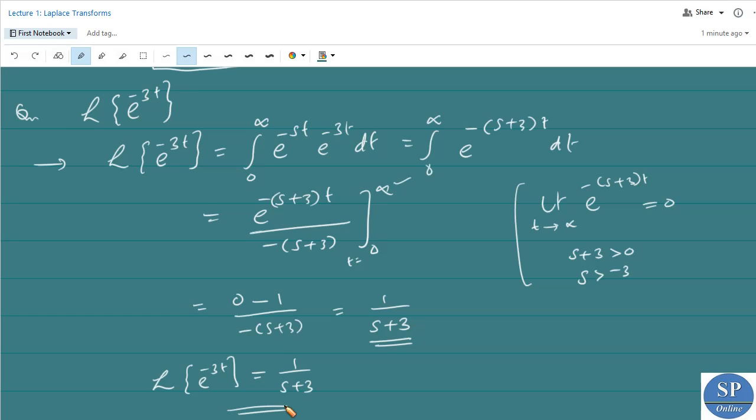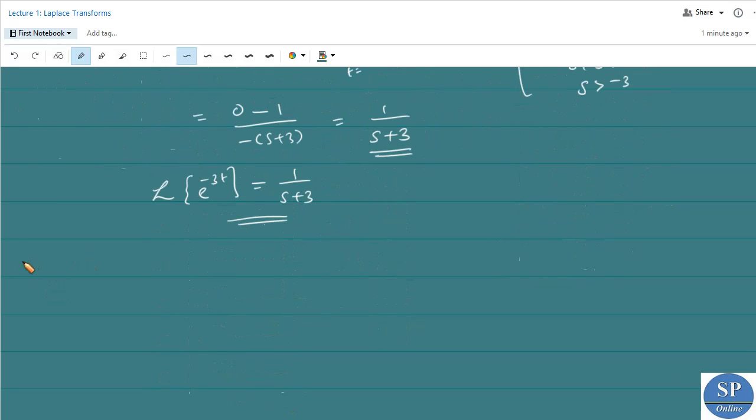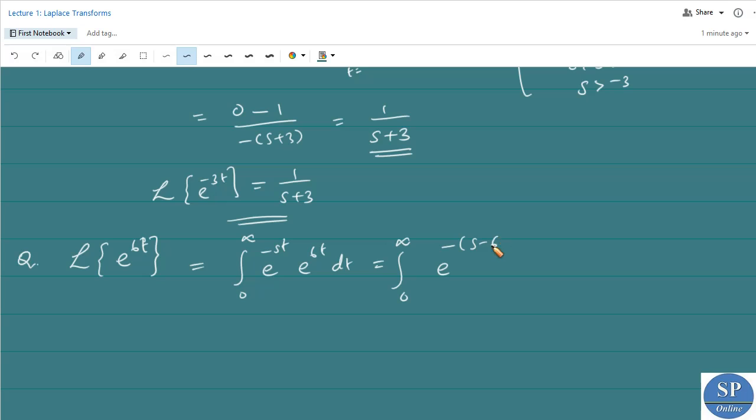In a similar way, we can find the Laplace transform of e power 6t. This is equal to integral 0 to infinity, by the definition, e to the power minus st into e to the power 6t, that is f of t, dt. This is equal to integral 0 to infinity e to the power negative of s minus 6 t dt.